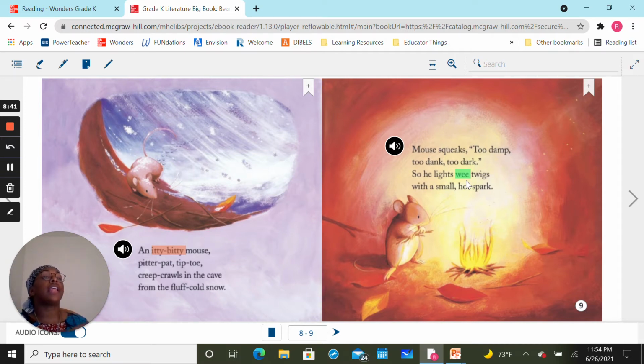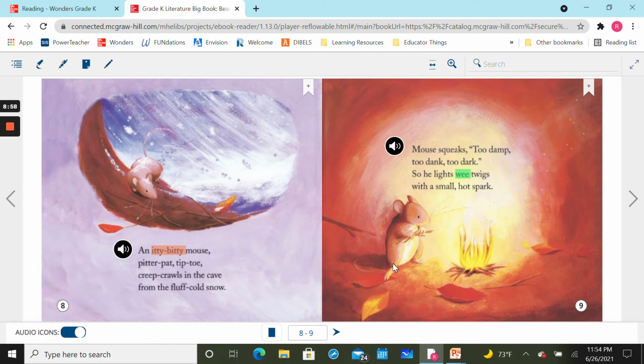So that is telling us, just like itty-bitty is a more expressive way of saying that the mouse was really, really small, wee twigs is a more expressive way of telling us that the sticks, the little tiny twigs that he used to make the fire, are very, very tiny. And we can kind of see that because the itty-bitty mouse has twigs in his hand.